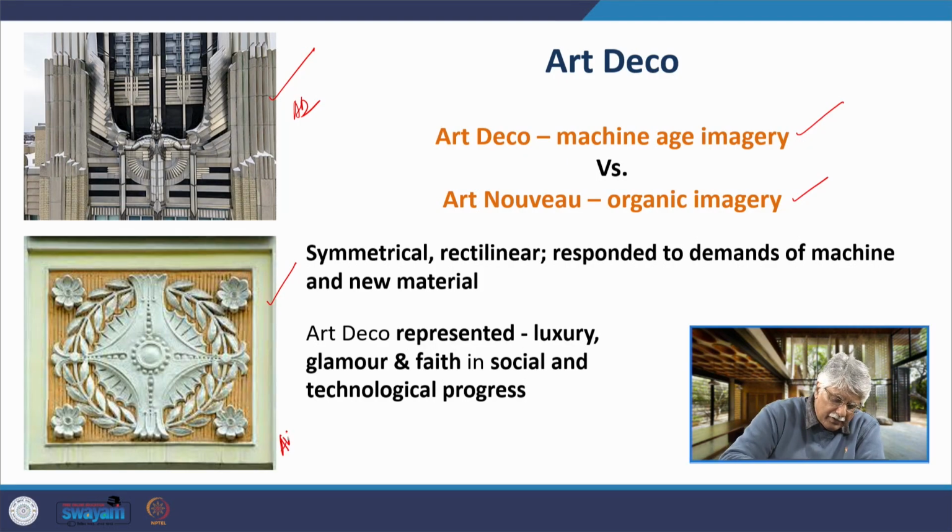Art Nouveau, on the other hand, is luxury and glamour, with whiplash lines and vegetal features and forms, etc. It was also moving ahead in terms of ornamentation, away from historical ornamentation.